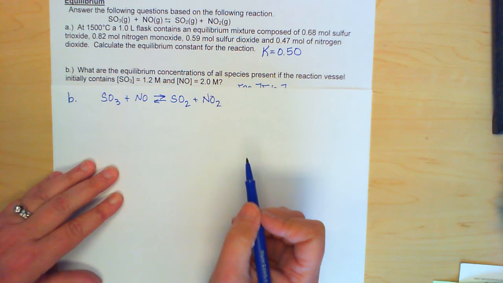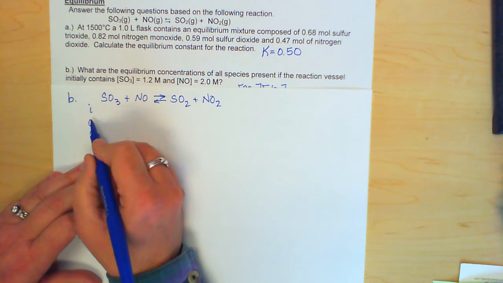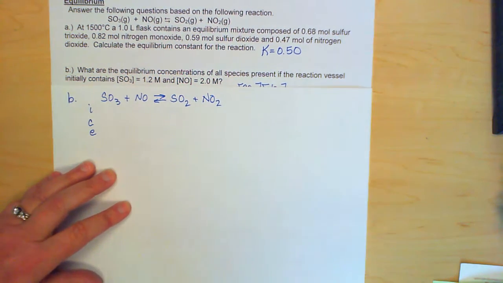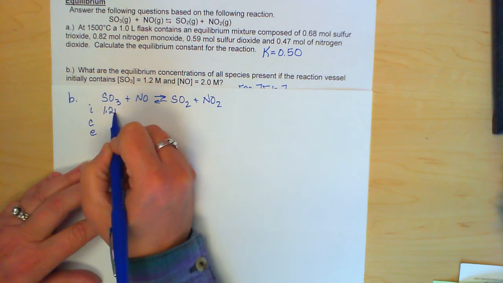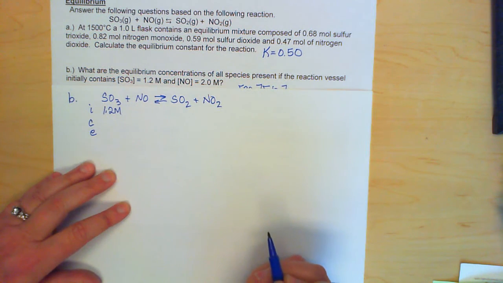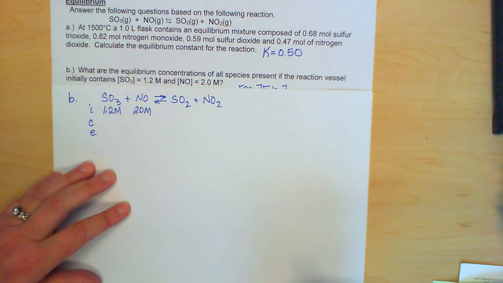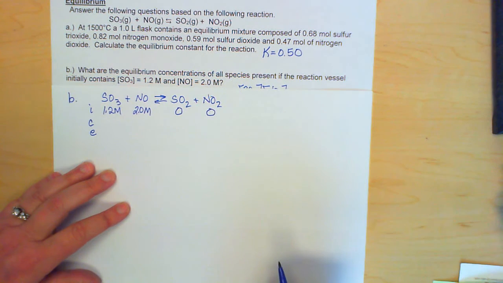We're going to start with initial, change, equilibrium. We're told that the reaction vessel initially contains 1.2 molar of the sulfur trioxide and 2.0 molar of the nitrogen monoxide. Since nothing was told about sulfur dioxide and nitrogen dioxide, we assume they're 0.